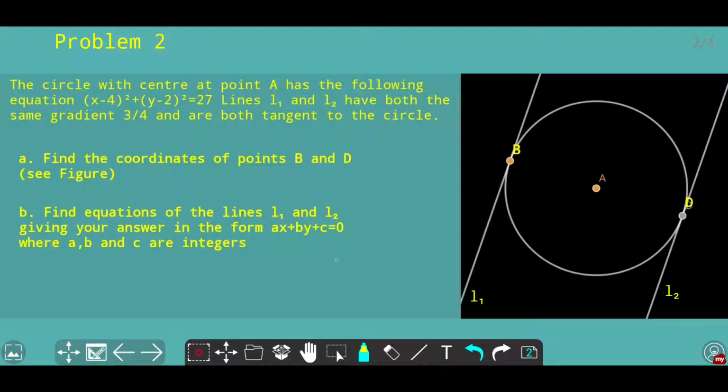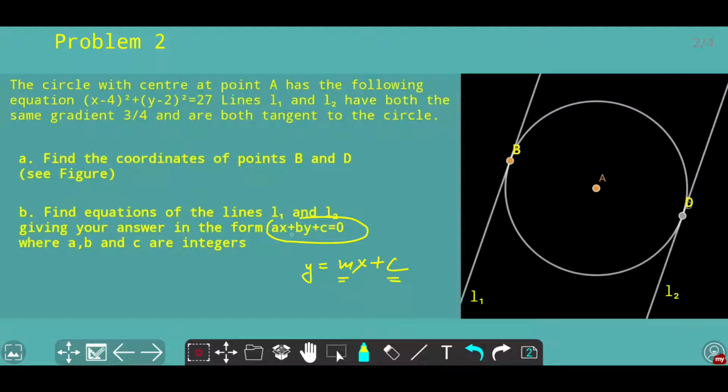Just remember, I remind you that there are two forms. Gradient-intercept is y equals mx plus c. We definitely have the gradient m, and c is the y-intercept. However, here you need to be able to give your answer in a linear form for the two variables x and y, connected linearly.